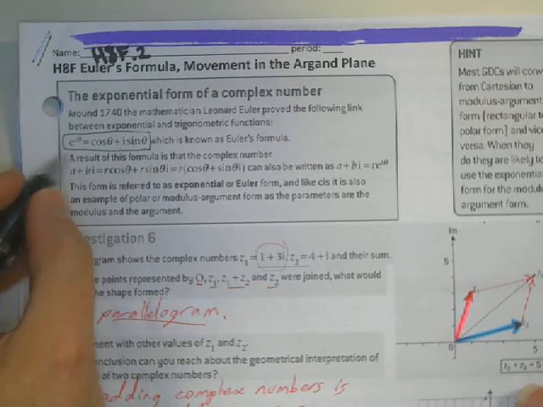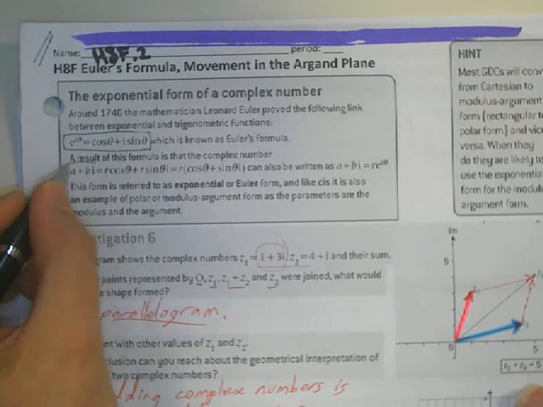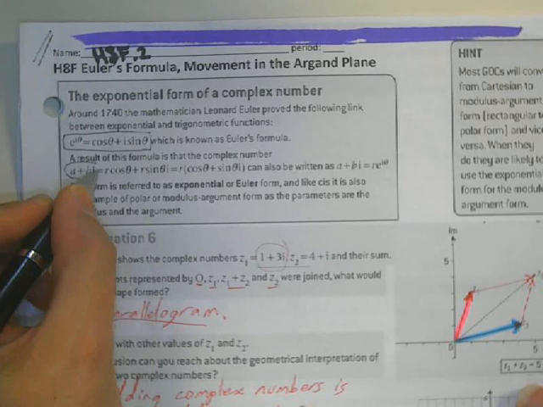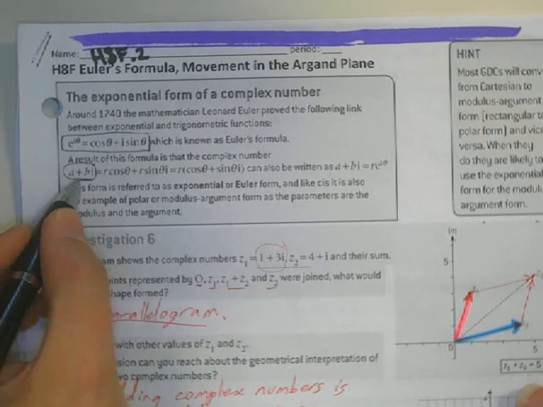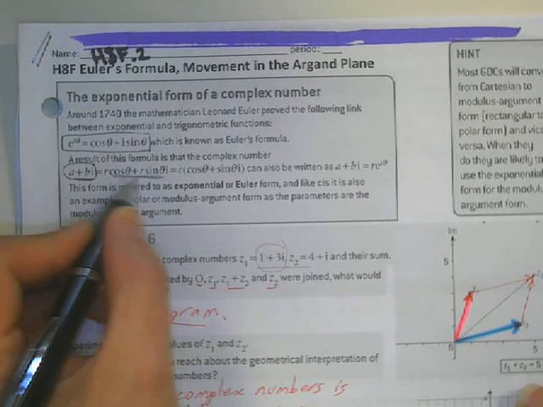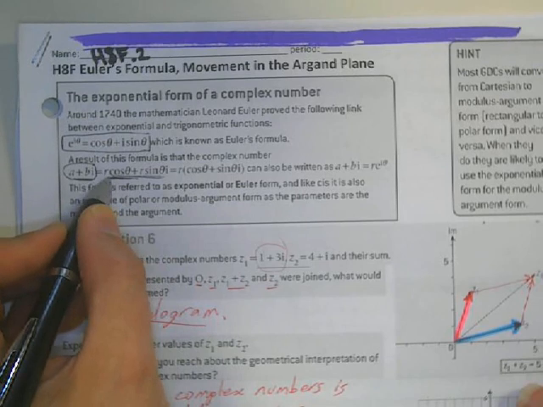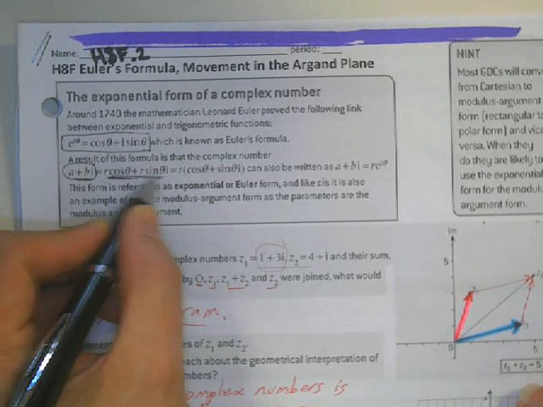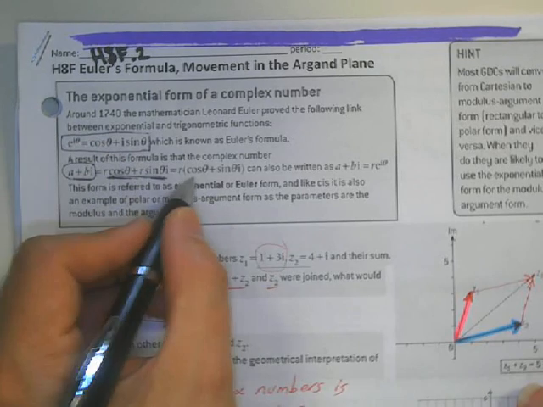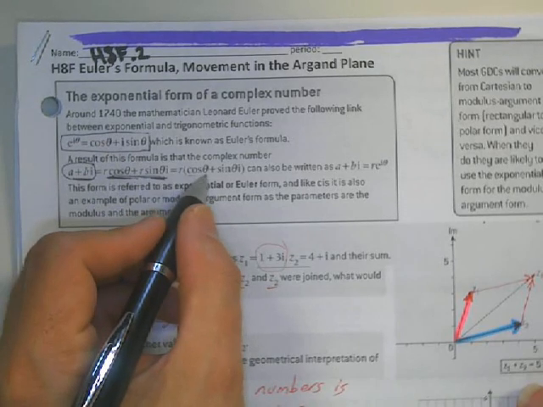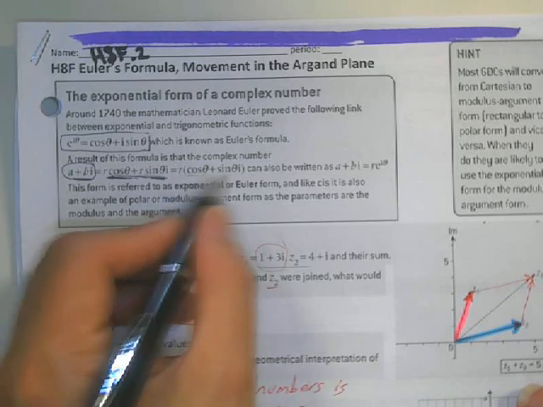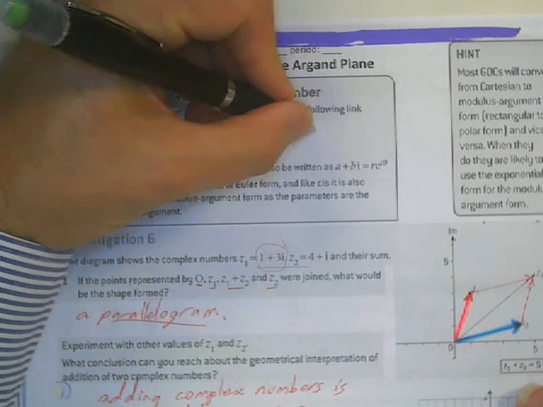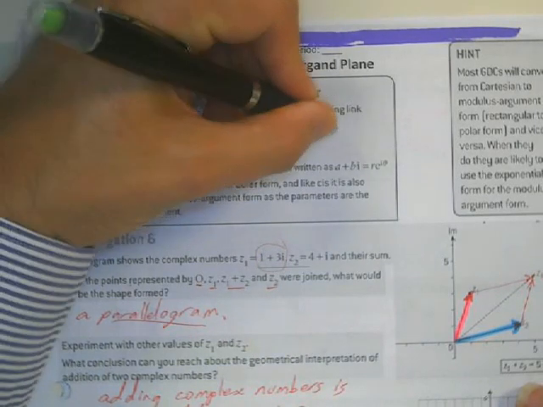So, basically, when we had our rectangular form, a plus bi, for our complex number, we also learned we could write it like this, where we have our modulus times cosine theta plus our modulus times sine theta, and we factored this out, and we were writing this as r cis theta.